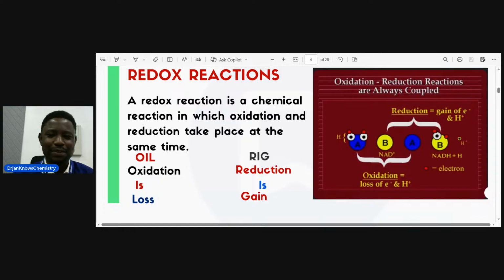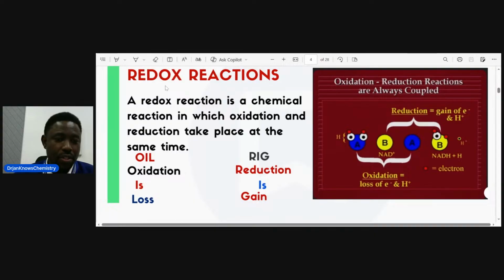Let me use another example, like table tennis, which may not end in a draw, because there are some games that can end in a draw. Let's say you're playing table tennis. As you start, somebody is already winning and somebody is already losing, and it's happening at the same time. So redox reactions involve two opposite but complementary reactions taking place at the same time, and those two reactions are oxidation and reduction.